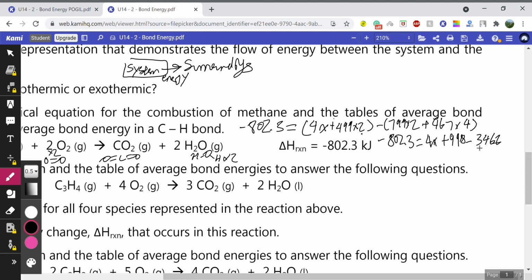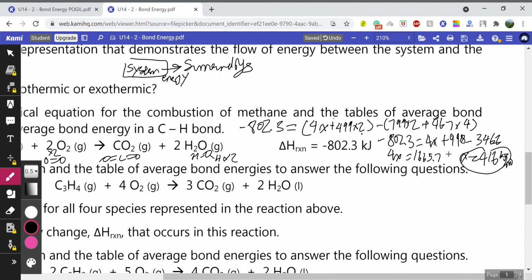So now we have negative 802.3. Oh wait, now just do the math. Negative 802.3 minus 998 plus 3466 equals 4x, which is 1665.7. Divide that by 4 and we get x equal to 416 kJ per mole.